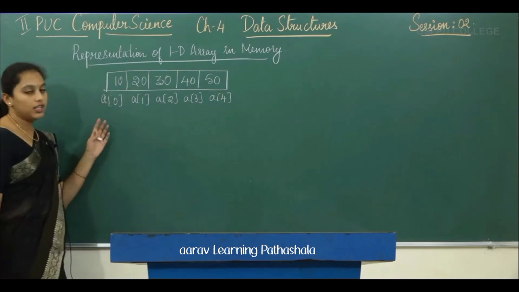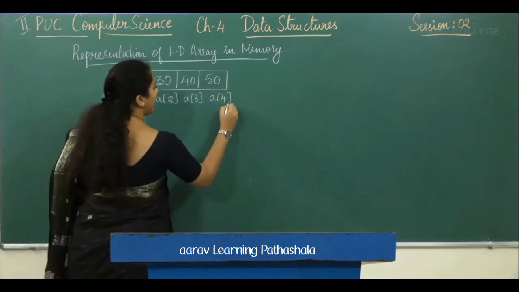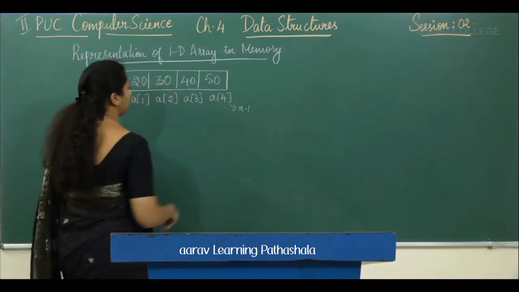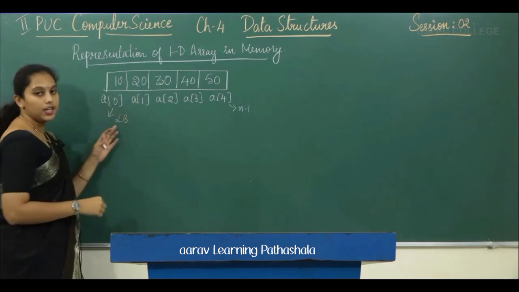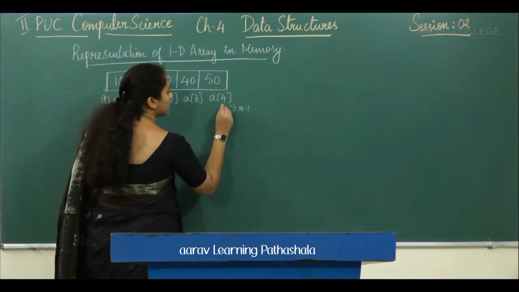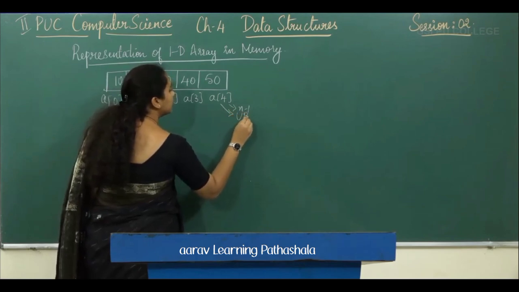Hence the last element location is n minus 1. This is called the lower bound of an array and this is called the upper bound of an array.